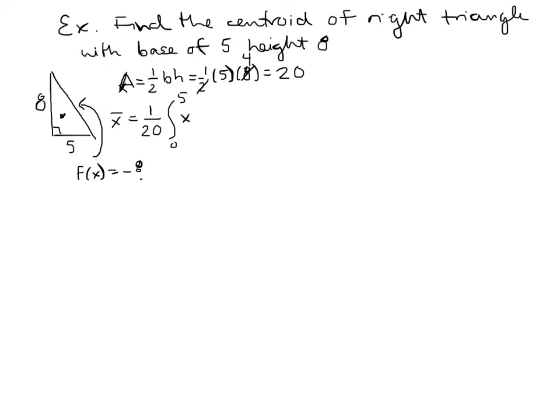So that's negative 8/5 x, and it starts at 8. I'm kind of thinking of drawing an axis system on this. So that's the equation of that line, and that's what I'm going to use for my f of x: negative 8/5 x plus 8.